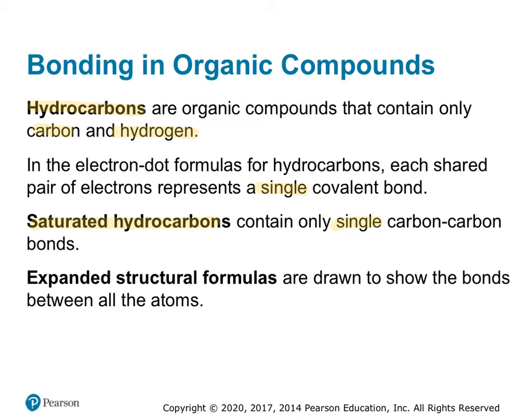Because it has the maximum amount of hydrogens possible, it is saturated with hydrogens. And expanded structural formulas show us the bonds between all of the different atoms. So just some background information here.